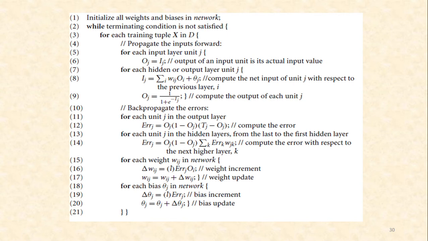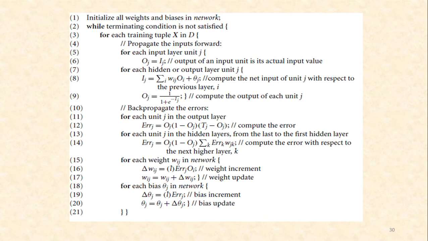For each hidden layer, the output of the hidden layer is the net input, that is, it is nothing but summation of wij oi plus theta j. Theta j is nothing but the bias quantity and wij is the weight vector or the parameters in the artificial neural network.